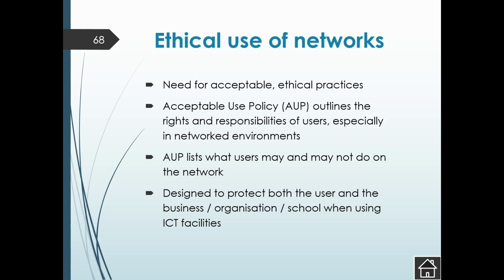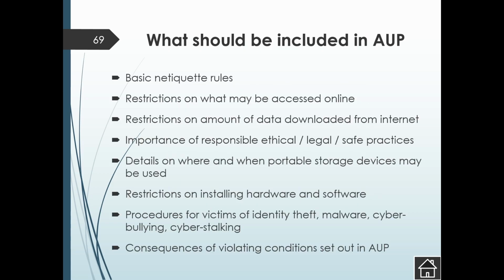I mean, if you go to the shopping center and you connect to their network, they'll give you X amount of data for X amount of time. That is their acceptable use policy. Then some of the things that have to be included in the AUP, you can read through that as well. Okay, so the AUP is important. We'll sometimes find that in the match the column and things like that.